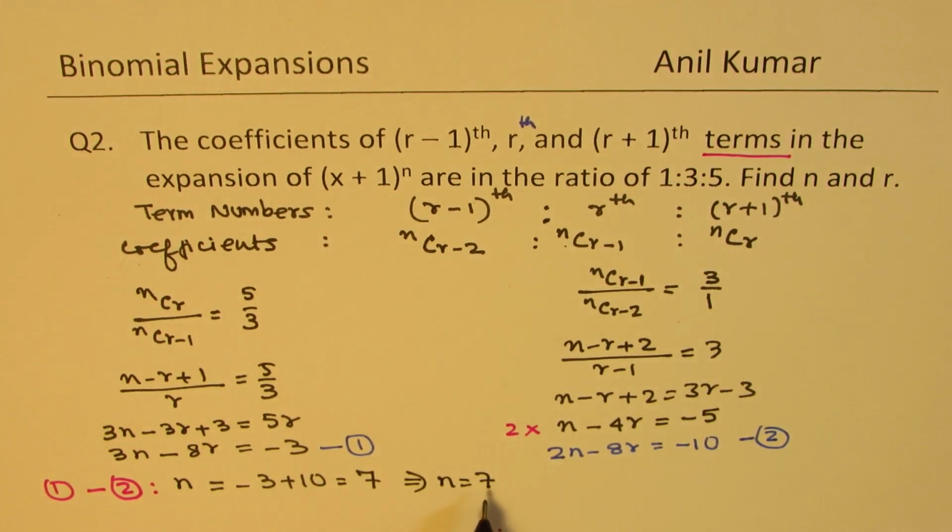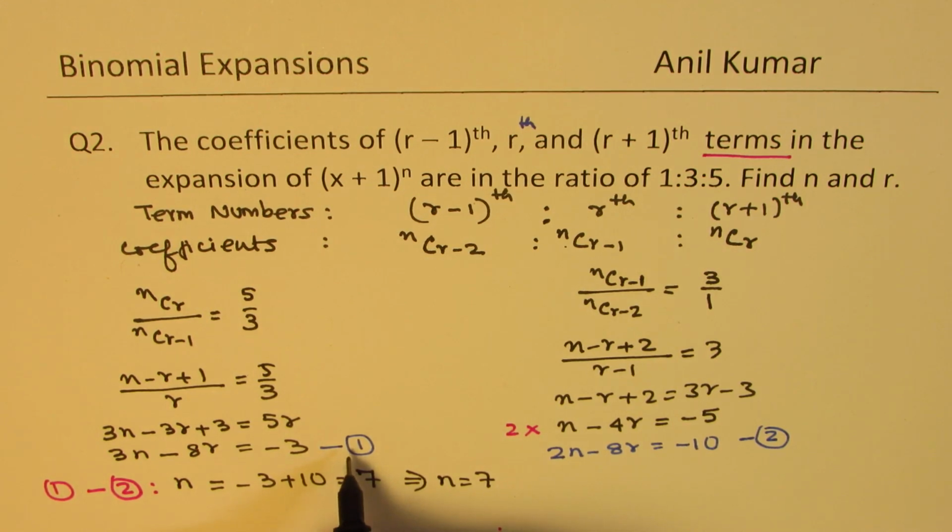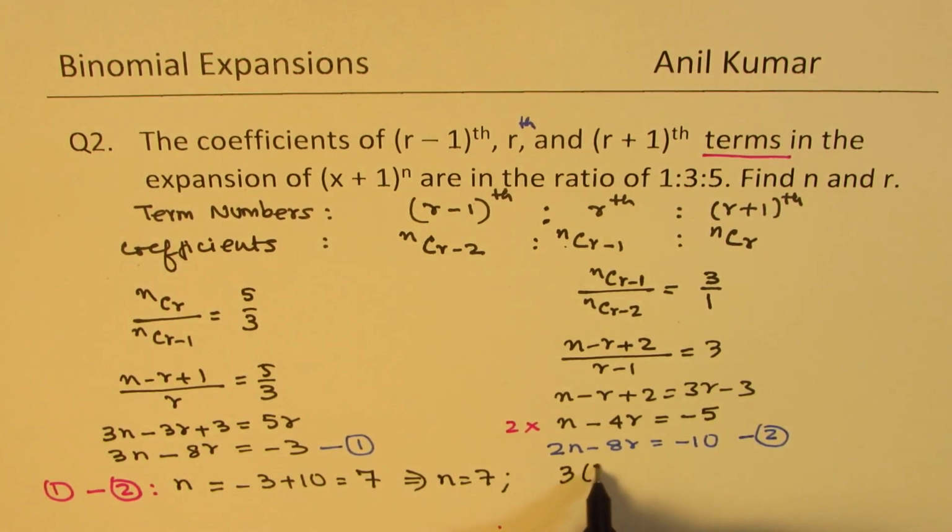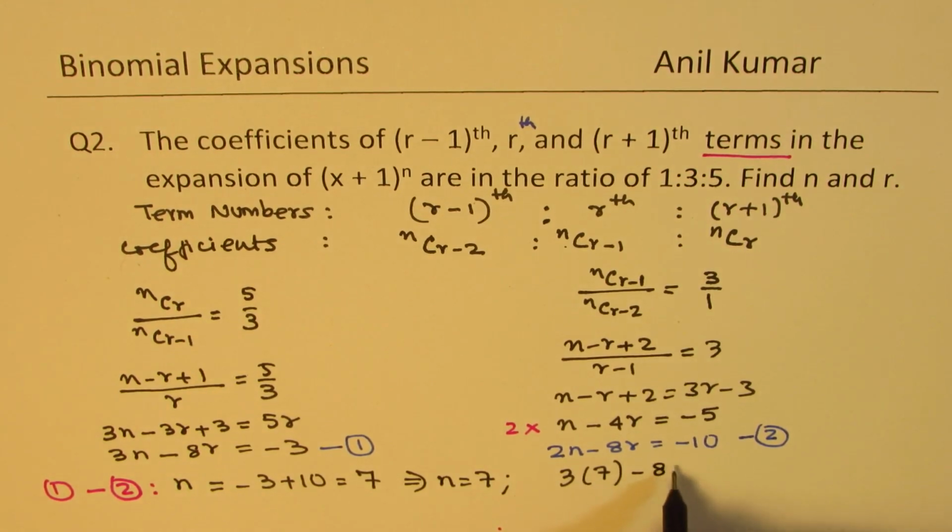Now to get the value of r, we can use one of our equations. So we have n equals to 7, and we can substitute this in our equation number 1, for example. So we get what? So sub in equation number 1. So we have 3 times 7 minus 8r equals to minus 3.